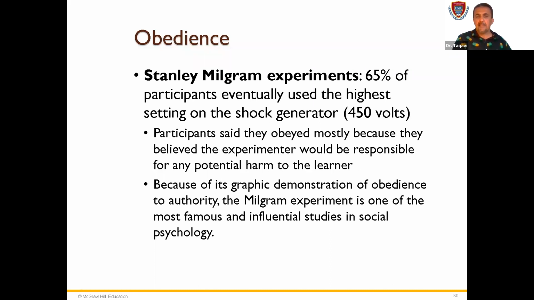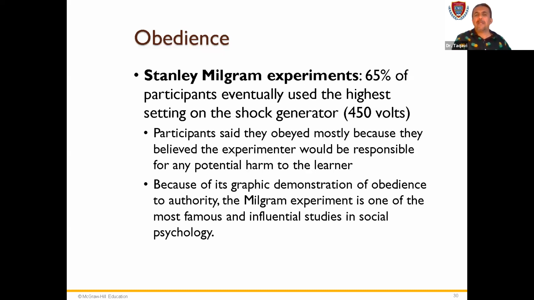Participants said they obeyed mostly because they believed the experimenter would be responsible for any potential harm to the learner. At first, they said, yes, I give you an electric shock because I'm not responsible. The experimenters are responsible. It is not my duty. I am only the agent.